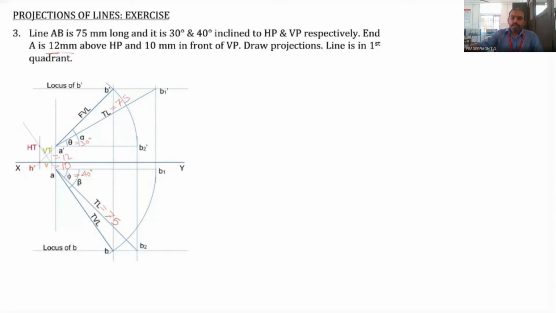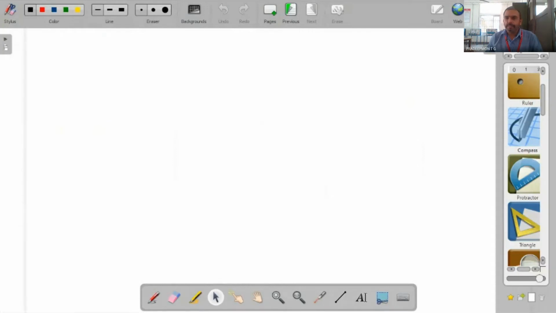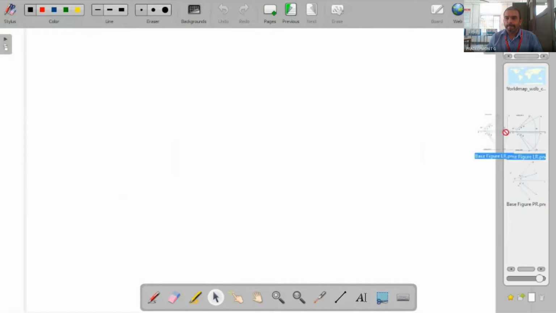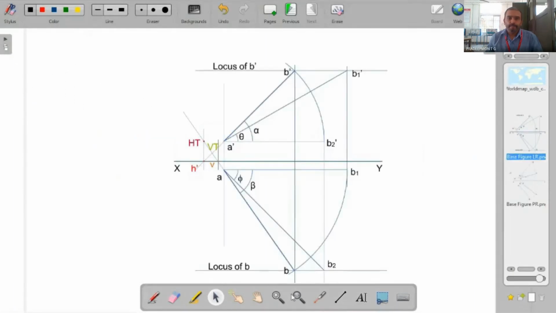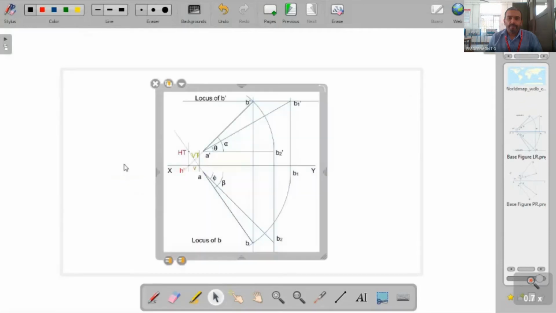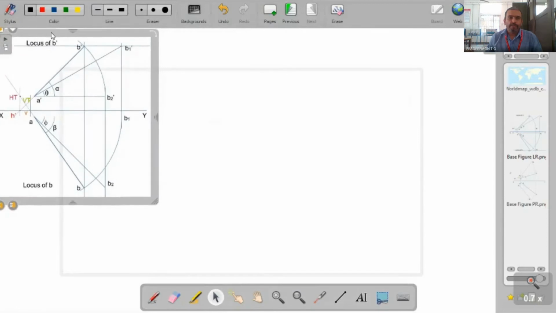So this also I will solve in open board and then you can proceed along with me. Okay. So let me first insert our base figure. So here is our base figure.